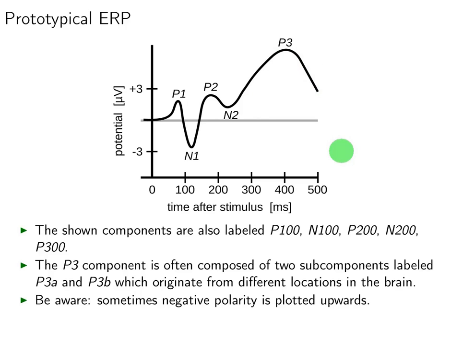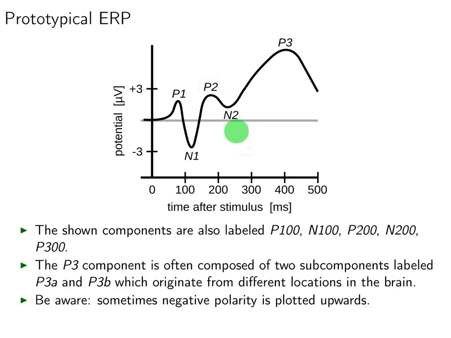It is also followed by a number indicating either the latency, for example in milliseconds, or the component's ordinal position in the waveform. P1 comes first, N2 comes second, or first positive, second positive.